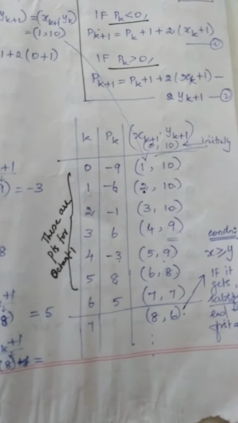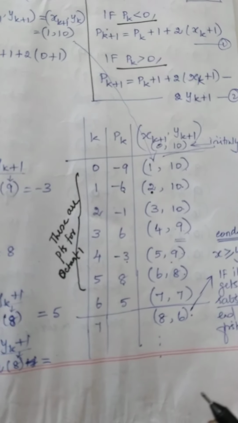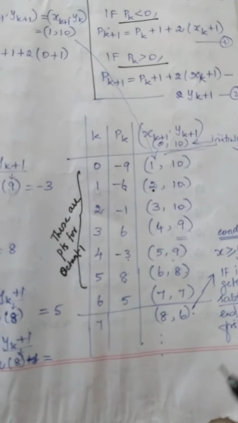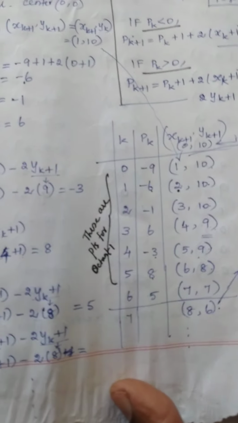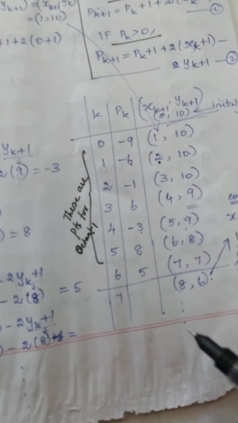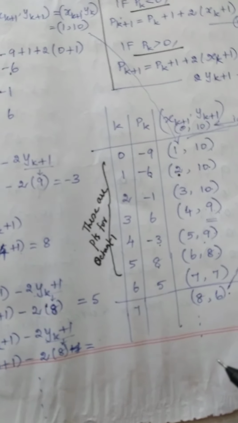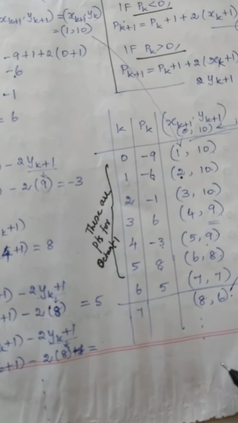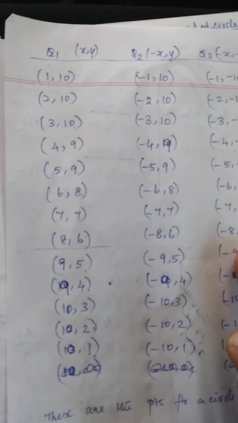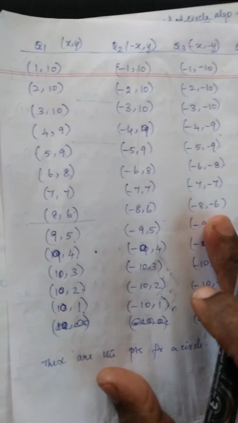Now the points for octant 2 are obtained using the mirror effect. After 8 6, the values will be 9 5, 9 4, 10 3, 10 2, 10 1, etc.